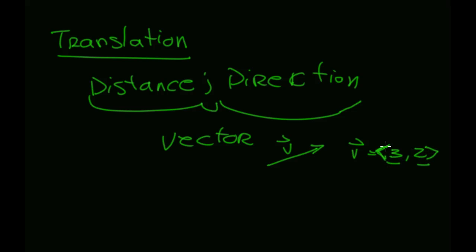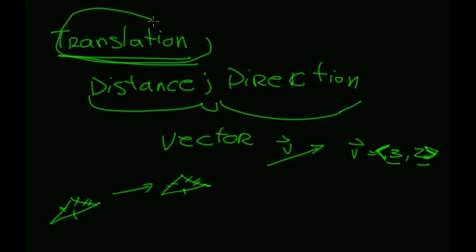These little bent brackets. Okay, so you move all the points according to this direction and distance, and you get a translation. When you make that shift from one place to another, you note that all of the side lengths are preserved. So all the lengths of segments stay the same, which means that a translation is an isometry. Alright, so there's our review.